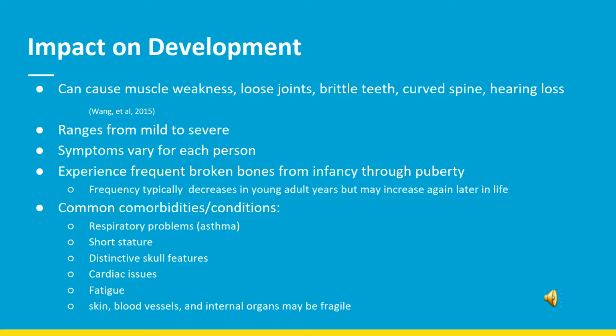Some further information about the co-occurring issues. I already talked about the spine curvature, the bone deformities. There can also be bone pain associated with that, loose joints, muscle weakness, the skull deformities, like late closing fontanelles, a larger head circumference, more than average.